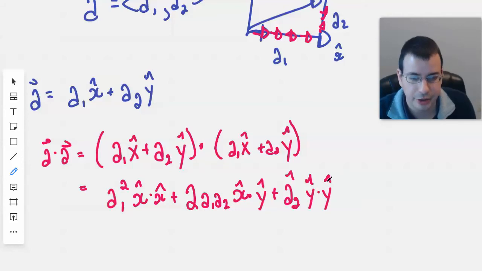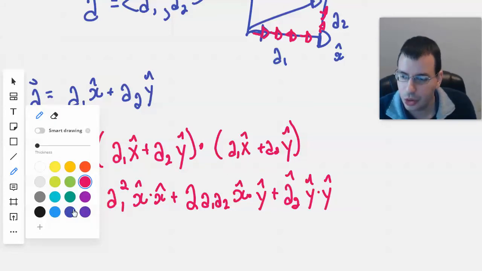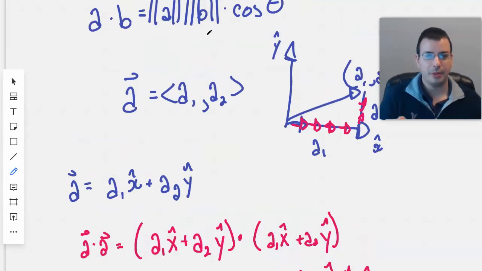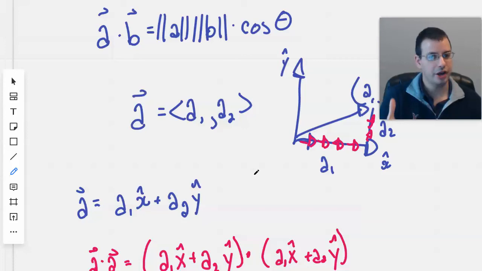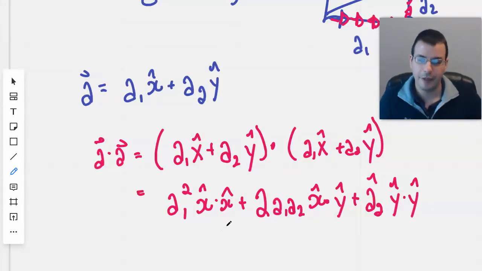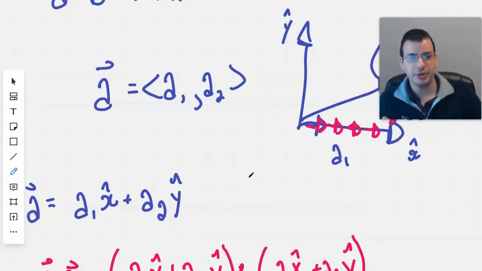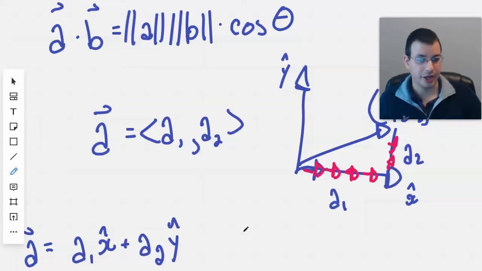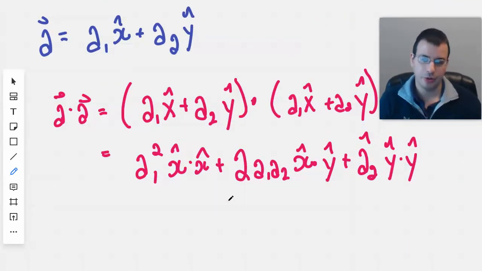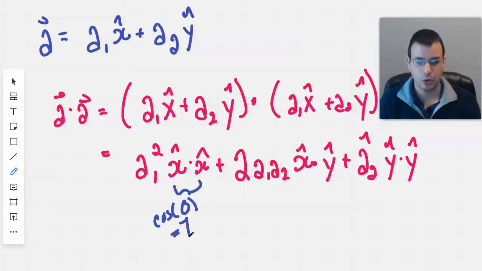Those are dot products. What's important about this is we know that the dot product is the magnitude of each times the cosine of theta. The magnitude of each of the unit vectors is 1, that's why they're unit vectors. And the angle between them is either 0 or 90 degrees, or pi over 2 if you prefer. The cosine of 0 would just equal 1.